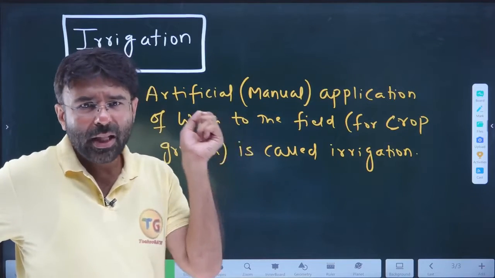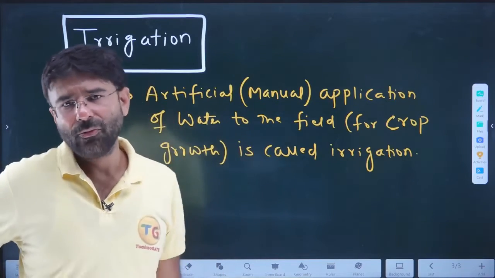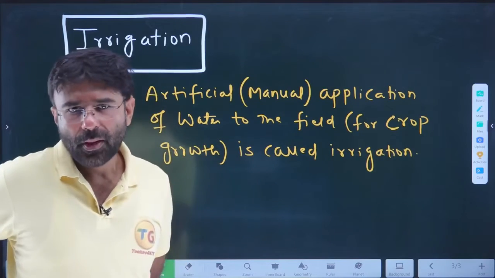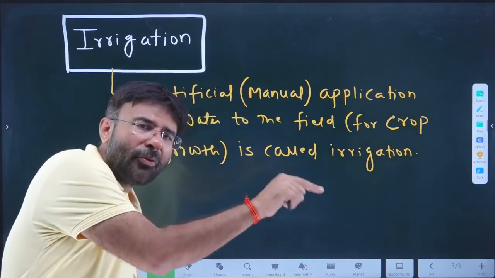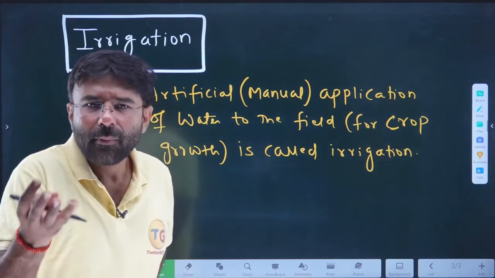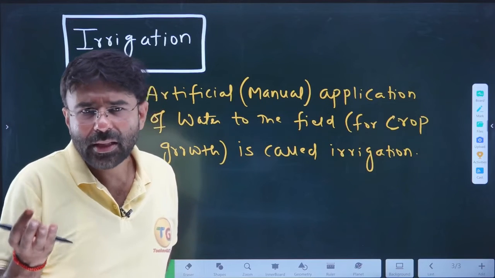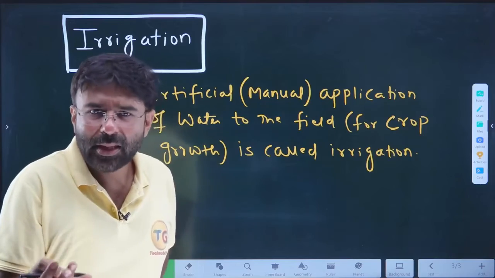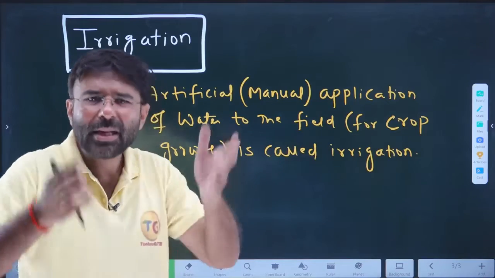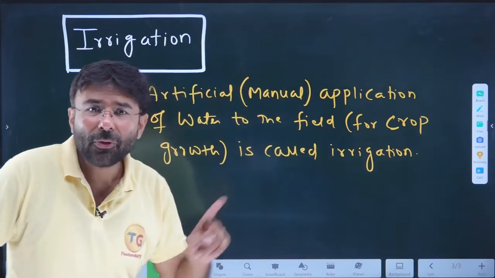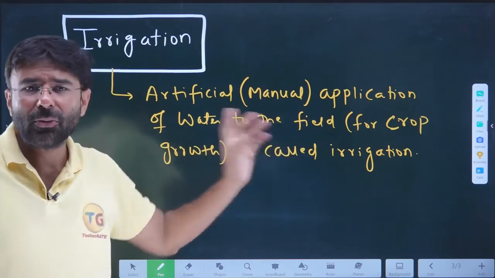Definitely this water must be brought from some water source, from some water body. It can be a river, it can be anything. So how to bring that water from the river to the field? Through canals, by constructing dams, by constructing hydraulic structures like weirs and barrages, by constructing canals, branch canals, main canals, distributary canals, a number of canals we have to construct. Because we have to manually supply the water to the field.